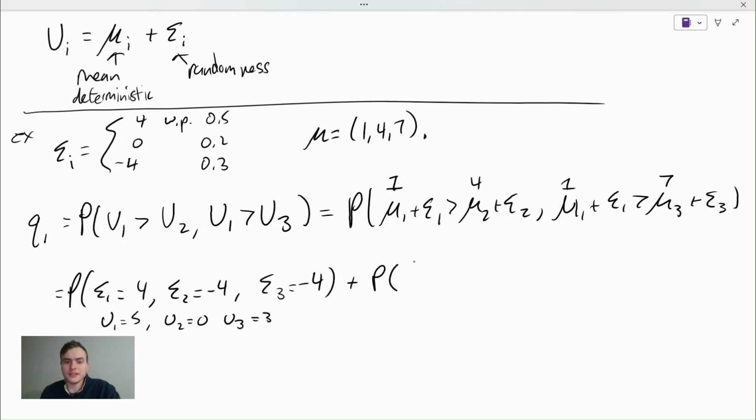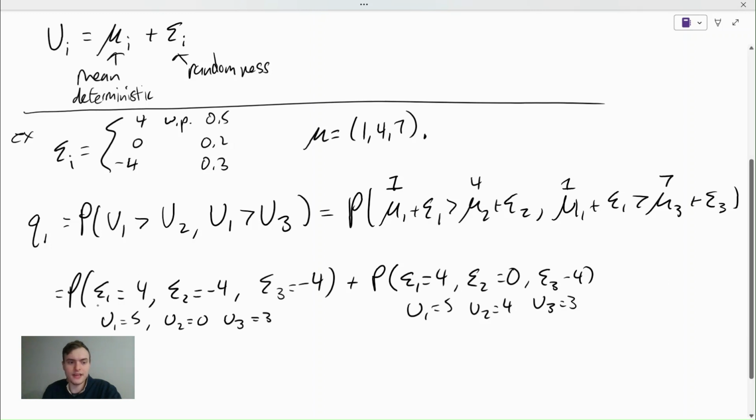And there's another case for the epsilon. We would still have to have epsilon1 be 4 and epsilon3 be negative 4, but epsilon2 could be 0, and then we'd have U1 equals 5, U2 equals 4, U3 equals 3. You don't necessarily have to show this much work as long as you get down to this step, right?